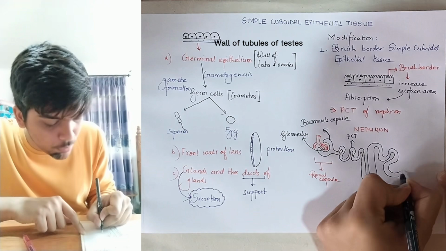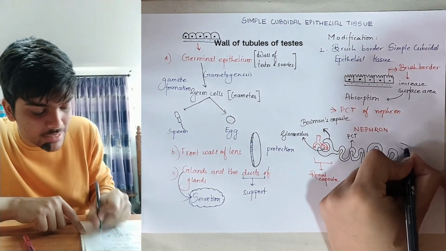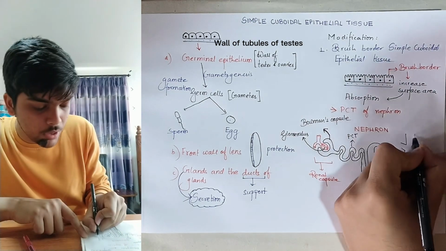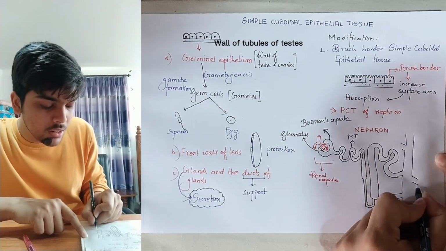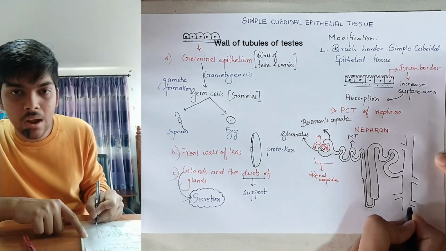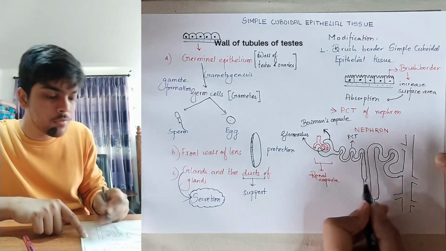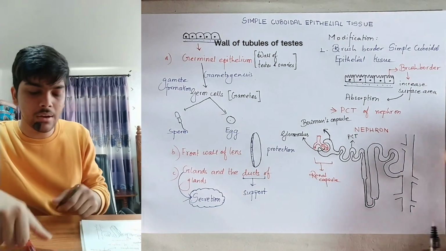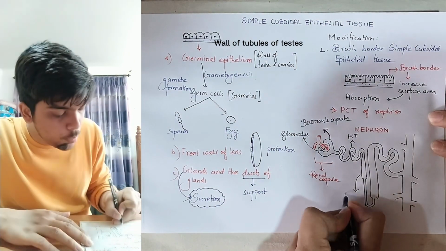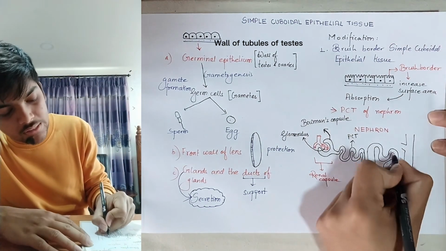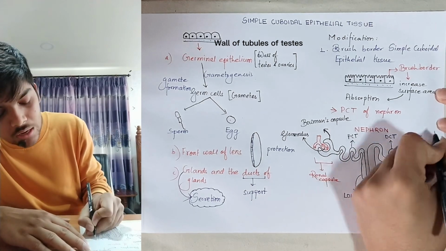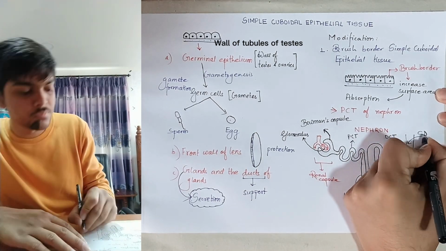This convoluted tubule is present at the distal end of the nephron, so it is also known as the distal convoluted tubule, and the distal convoluted tubules of different nephrons end up in a common duct that collects urine from all those nephrons, known as the collecting duct. So this right here is your loop of Henle. This is your distal convoluted tubule, and this is the collecting duct.